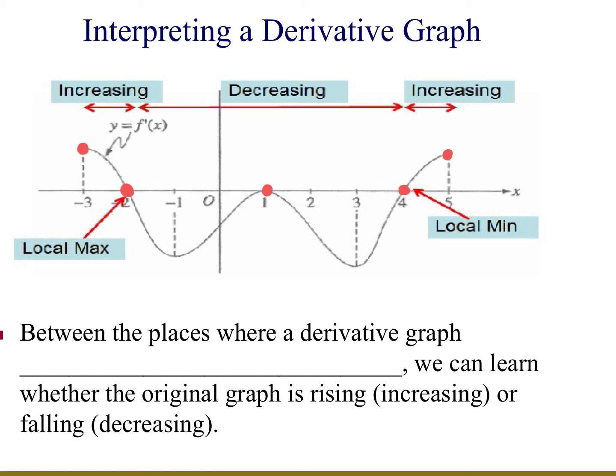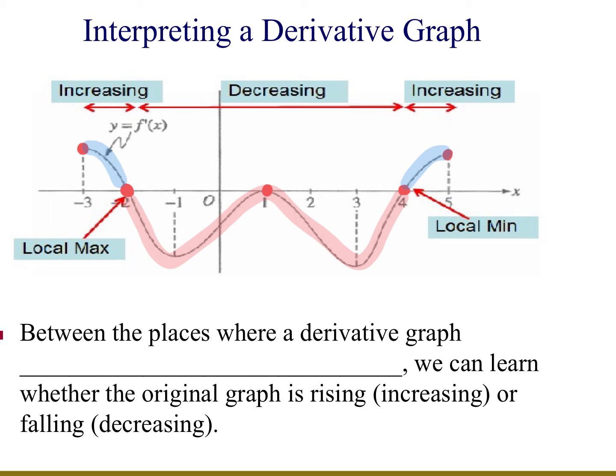And then I'm going to color code my stuff. Blue for above the x-axis, red for below the x-axis. Only when it changes colors do you have a local something. Only when it changes colors or at your endpoints. So you'd have to try turning this into a plus-minus chart or a positive-negative chart.